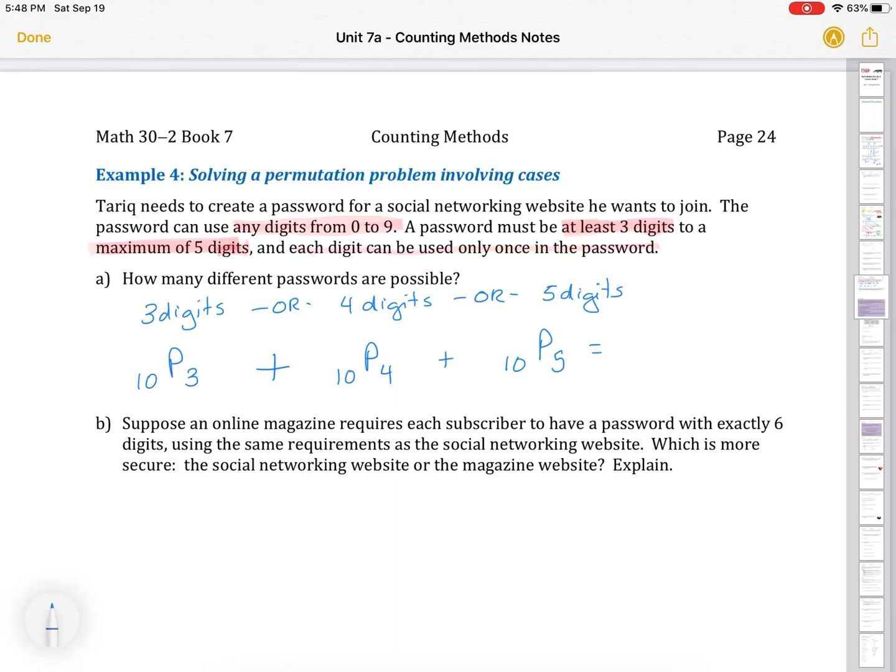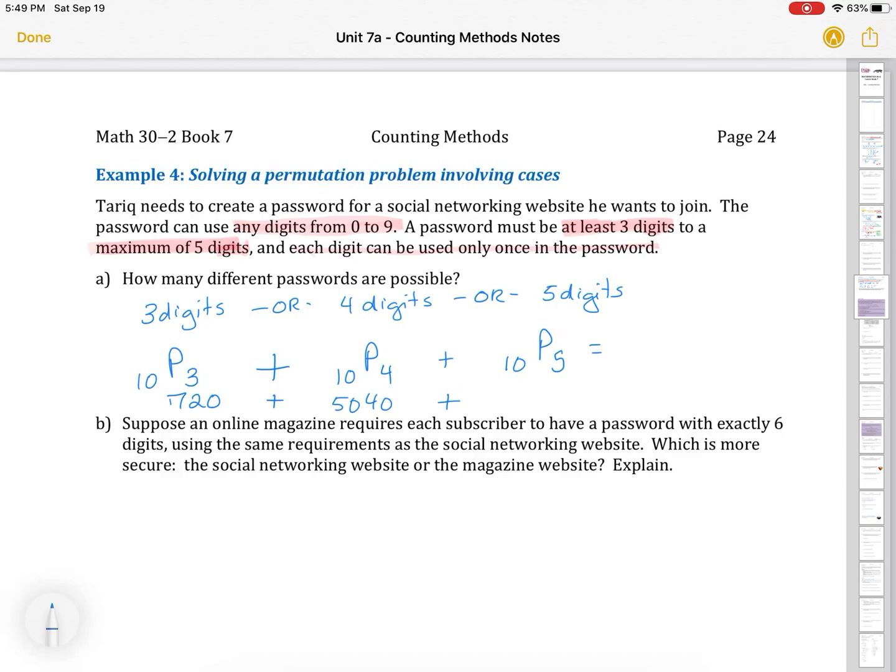So 10P3 equals 720. 10P4 is 5,040. Wow, you add 1 digit. That's a lot of increase of choice, right?